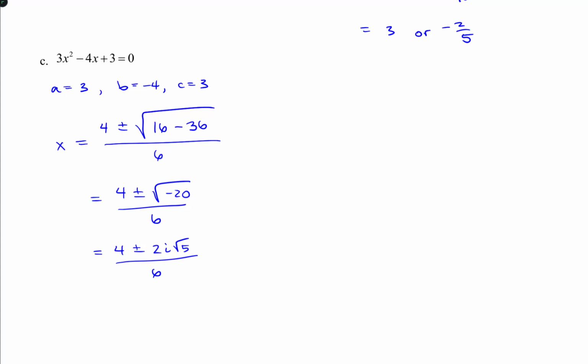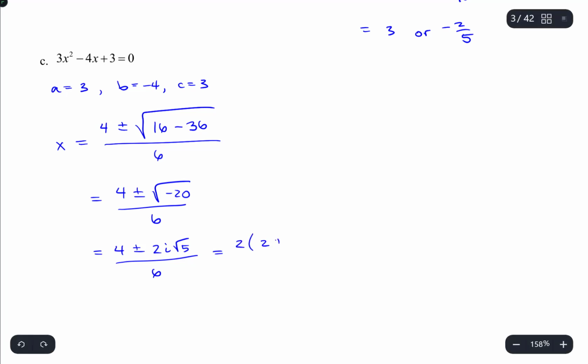And then for the final answer, I notice that there's a common factor of 2 in the numerator, so I can factor that out, which leaves me 2 plus or minus i square root of 5. And there just so happens to be a factor of 2 within 6, which leaves me a 3 there. So my final answer then is 2/3 plus or minus i times square root of 5 over 3.